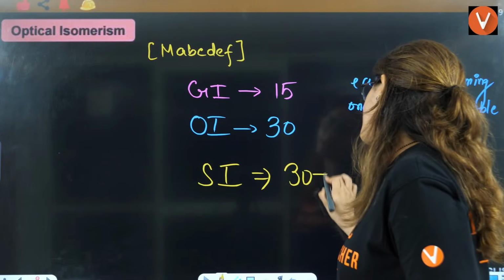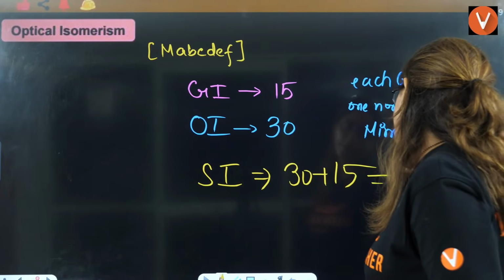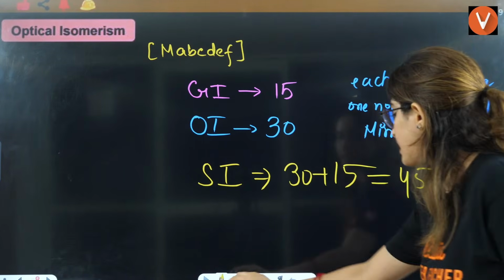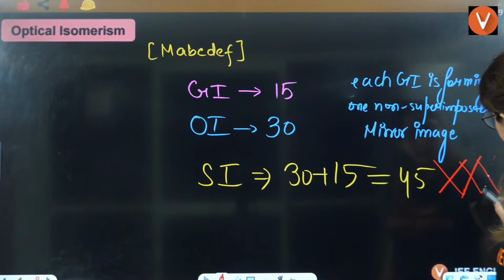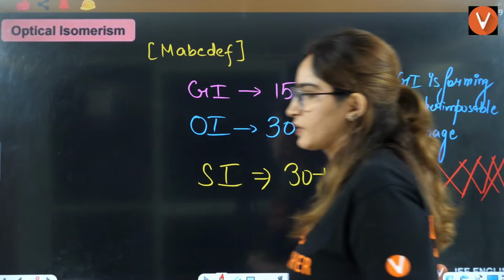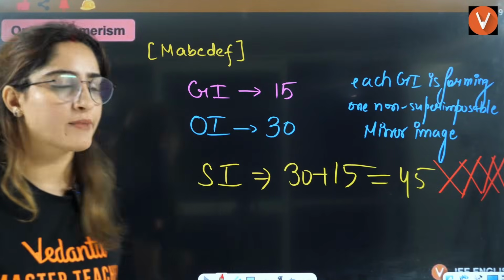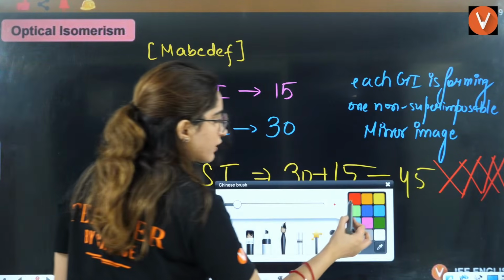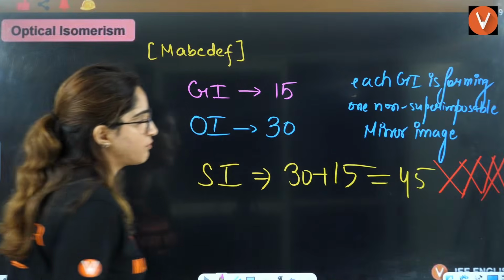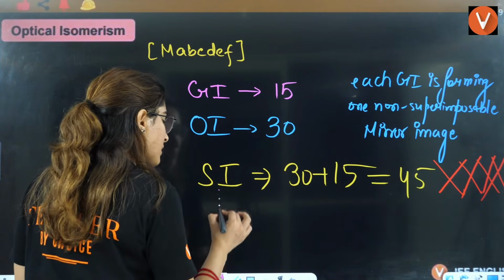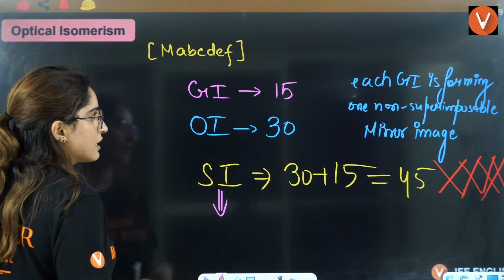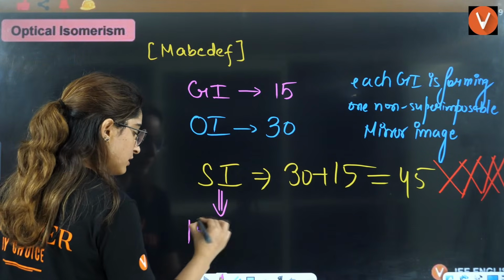So now, if they ask you total stereoisomers, students, you know what they do? They do 30 plus 15, ma'am, 45. This is the wrong method. This one reel is getting very famous on Instagram. This is the wrong number. How many stereoisomers do you have? 15.